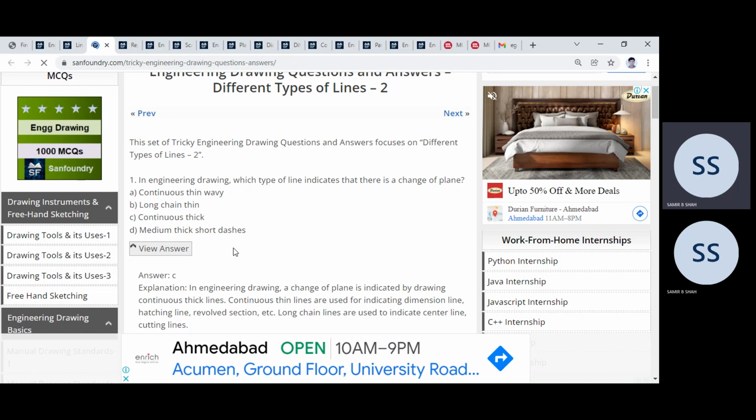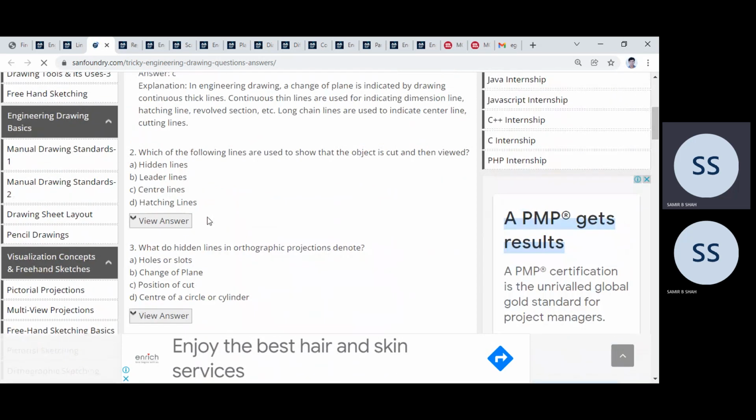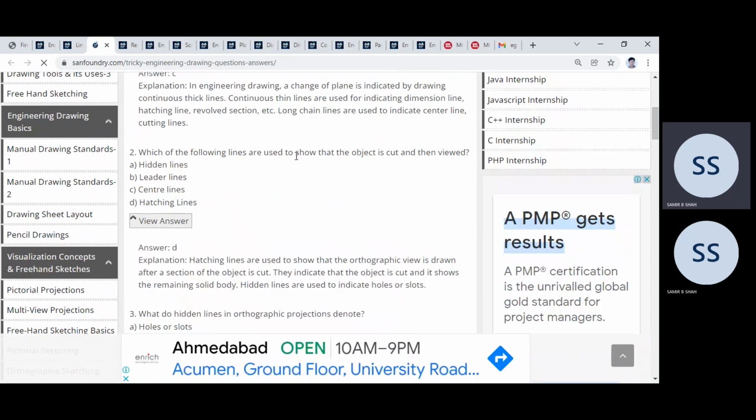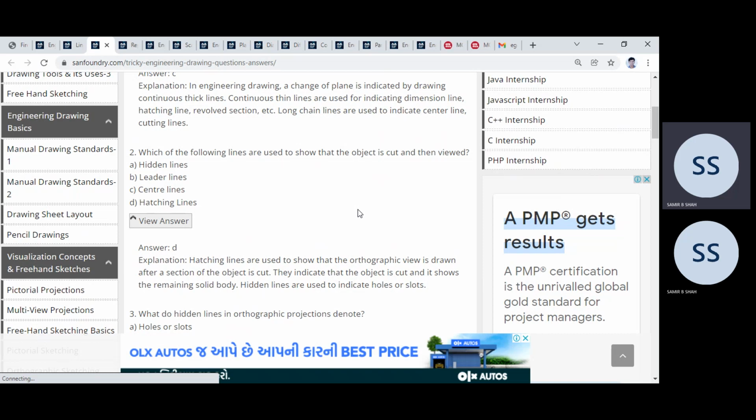Next: which of the following lines is used to show that the object is cut and then viewed? For cut and then viewed, we use a hatching line. It is indicated at a 45-degree angle, and the distance between each line is almost 2 mm.